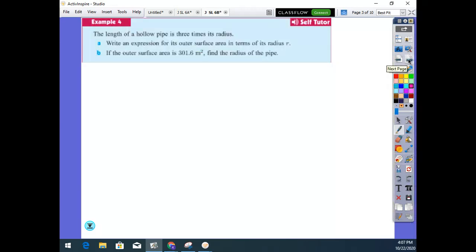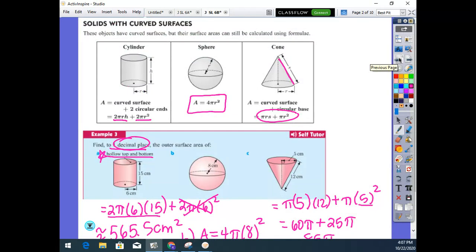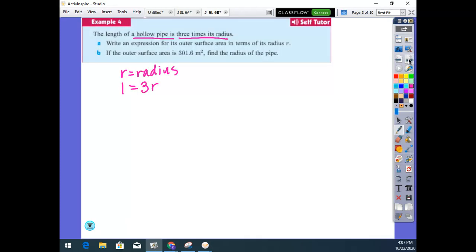Last problem for section B. The length of a hollow pipe is 3 times the radius. So if r is the radius and the length is 3 times the radius. All right, so notice once again, this is a hollow pipe. So we're just using this portion of the cylinder. It's hollow, nothing on the top or the bottom.